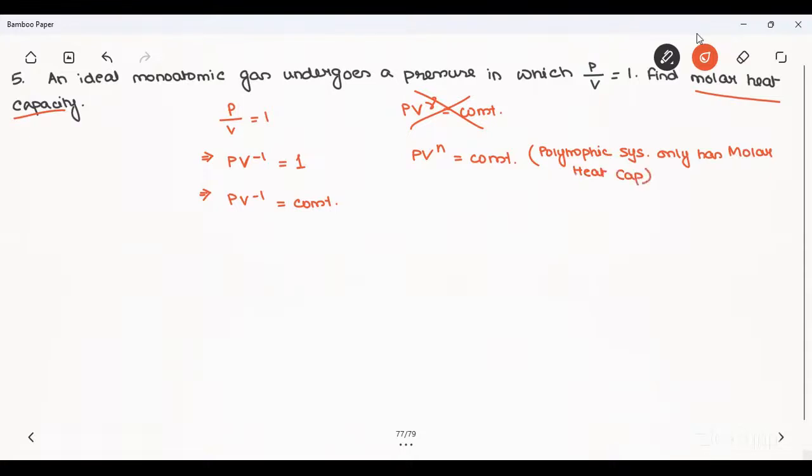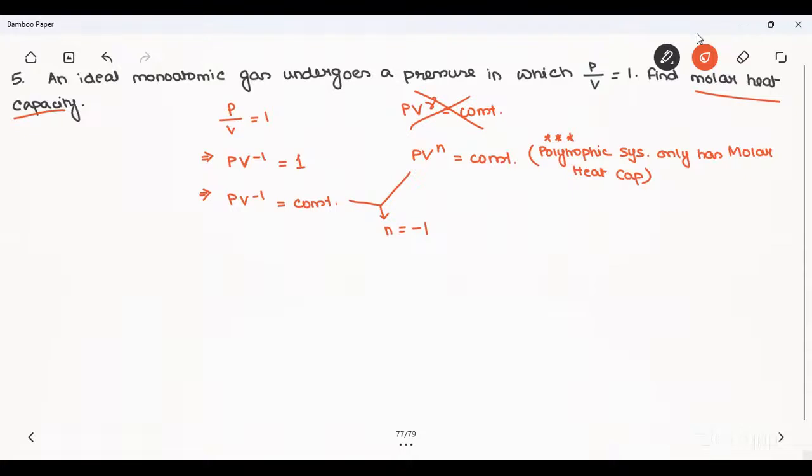Don't make this mistake ever again in your life. I'm marking it as start. Now, comparing these two equations, what can we write? n is equal to minus 1. Right or wrong?